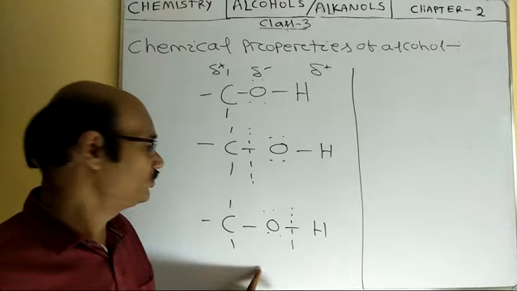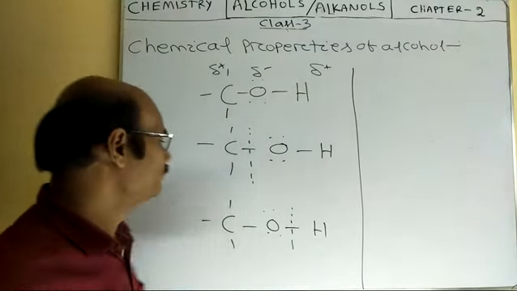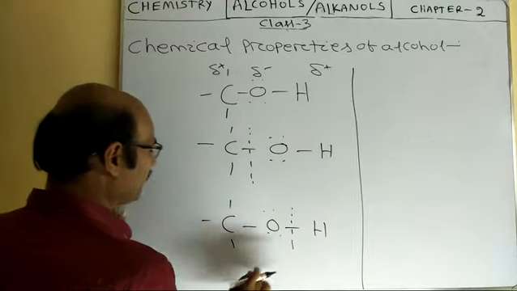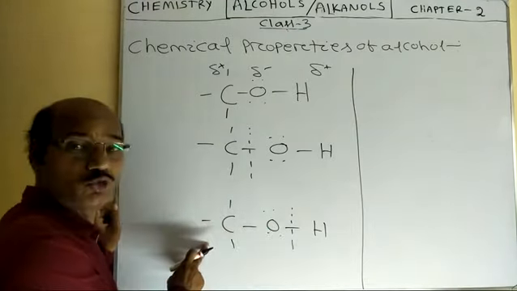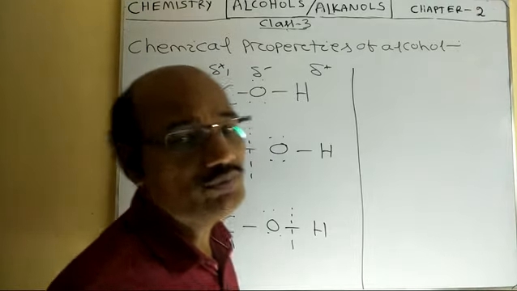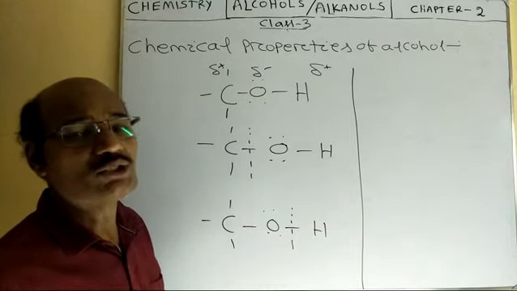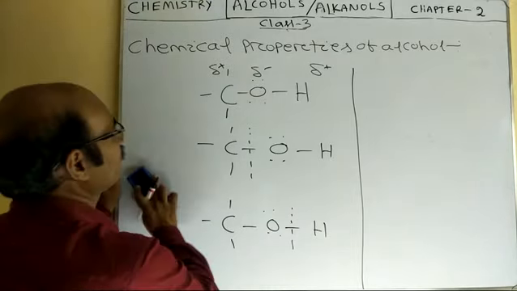Besides these, some chemical reactions of alcohols are due to the involvement of the entire group, the OH group and also the alkyl group. So we have 3 kinds of chemical behavior shown by this alcohol class of organic compound.